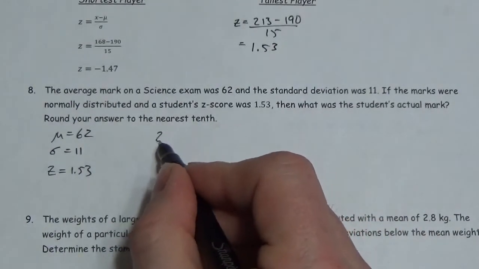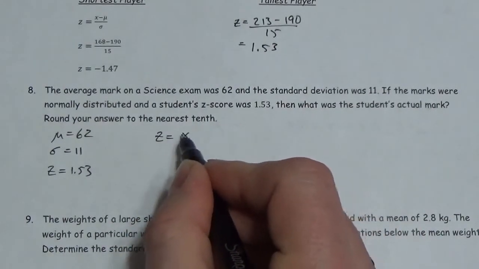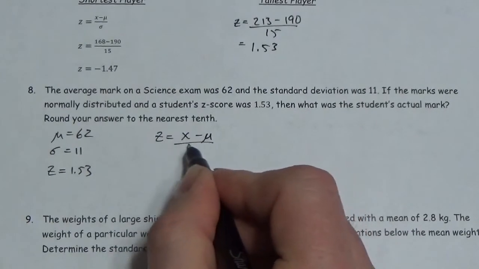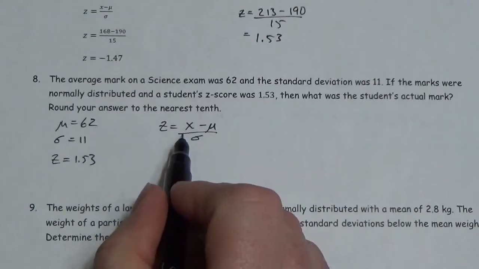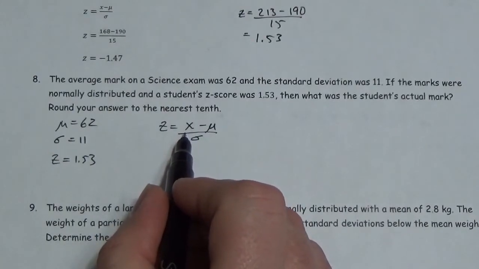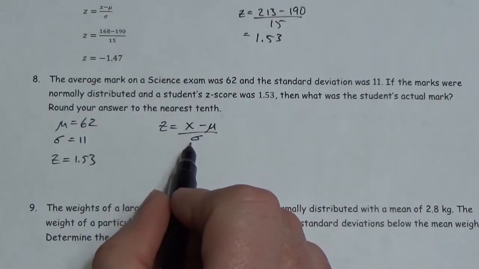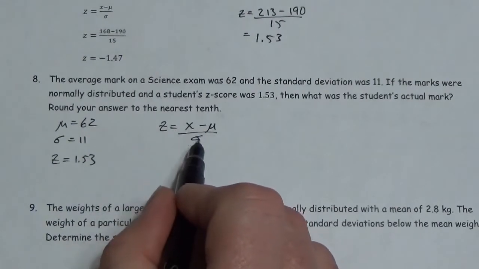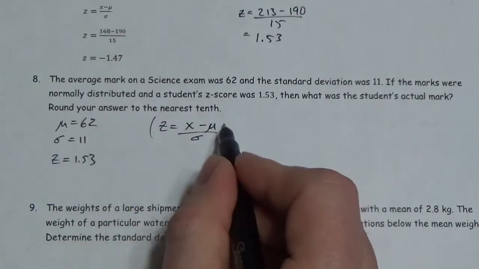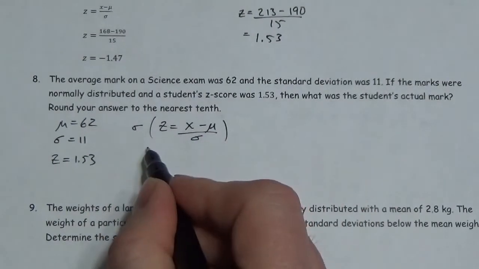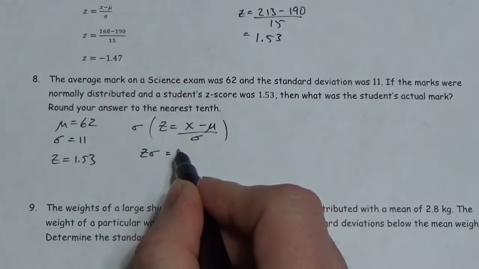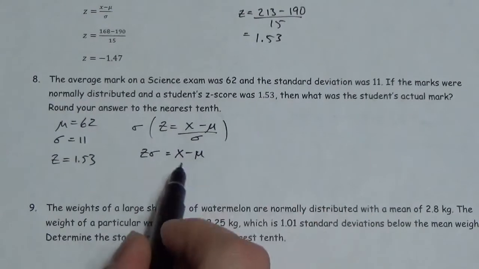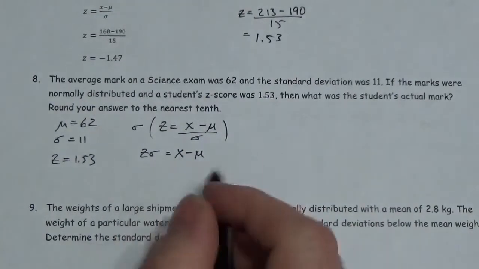Okay, so remember your Z-score is the actual data value minus the mean over the standard deviation. In this case, it's the X that I don't know. Okay, so that's what I'm looking for. So first of all, to get the X, I would multiply both sides by the standard deviation. So that's going to get me the Z-score multiplied by the standard deviation will equal X minus the mean. And then to get X by itself, I'm going to add the mean to both sides.